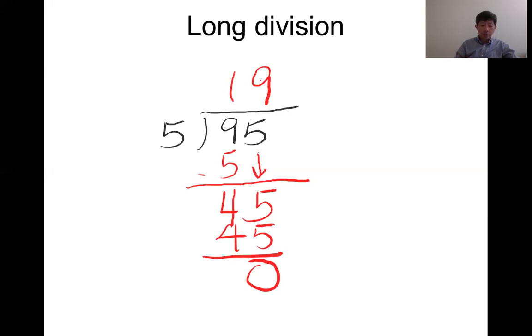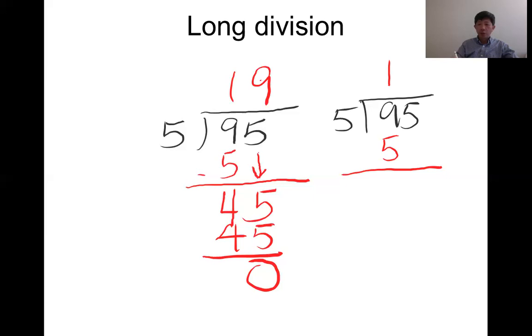Do we have another way we can do it? Yes. Another way is we put a 5, 1, and 5 there, and you can put a 0 as a placeholder. 0 is a placeholder.